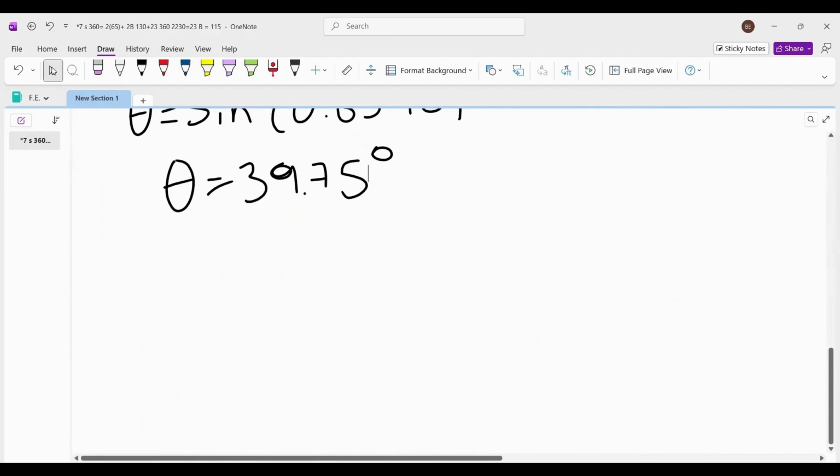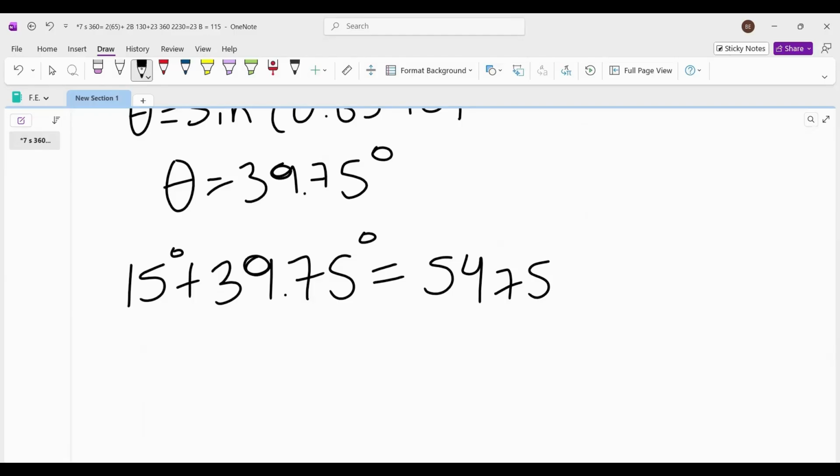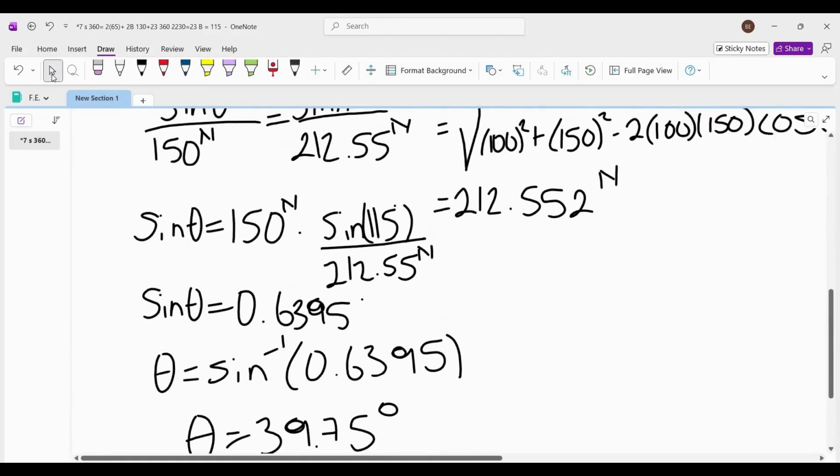So 15 degrees plus the theta that we found, 39.75 degrees, will give us 54.75 degrees. If you were to round that, that's about 55 degrees.